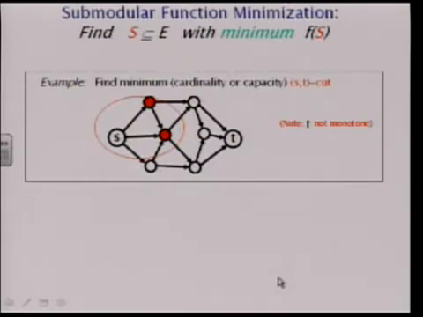Okay, so now we can think about how to optimize the submodular function. For instance, you have a big set E, and the function defined on all the subsets of E satisfies the submodular property. How do you find the minimum?